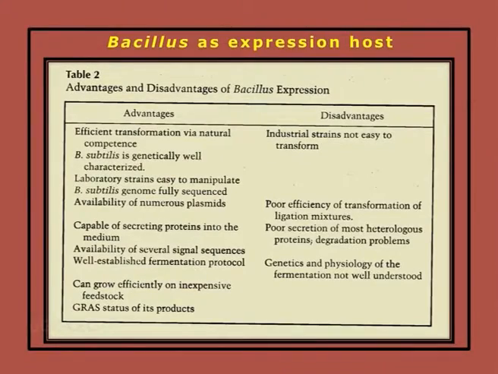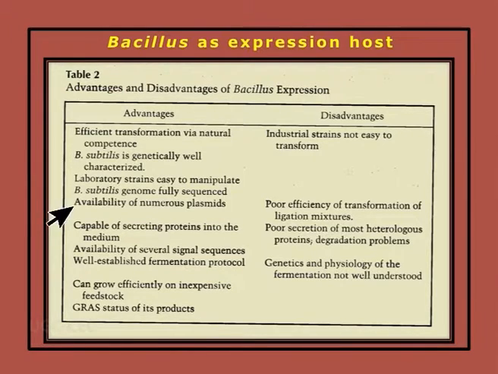What are the advantages and disadvantages of cloning a gene inside Bacillus? You can see here that in Bacillus, efficient transformation via natural competence is possible, because we know that E. coli is not naturally competent, whereas Bacillus is naturally competent. The second important advantage is that Bacillus subtilis is genetically well characterized, laboratory strains are easy to manipulate, and the genome is fully sequenced.